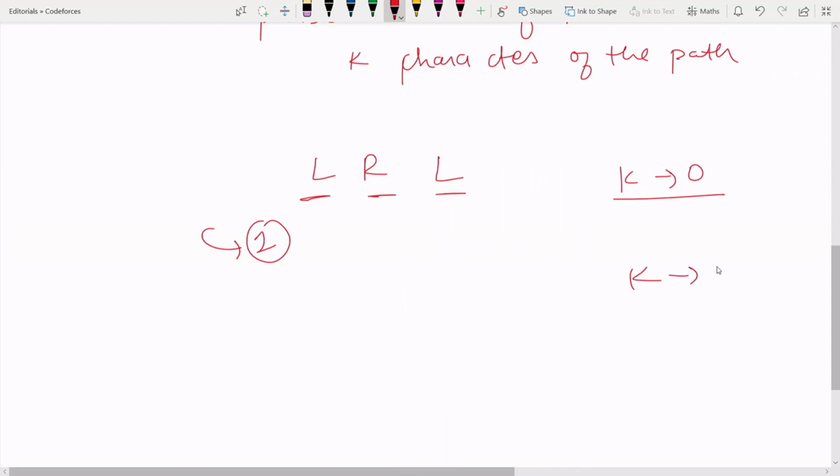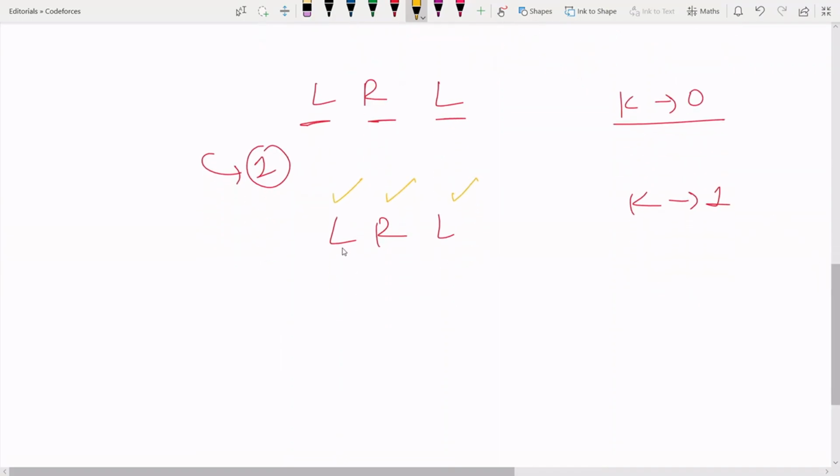Now suppose k is one. The sponsor can choose to flip the first, the second, or the third character. If we flip the first L to R, it will be RRL. If we flip the second character, it will be LLL. And if we flip the last character, the path will be LRR.